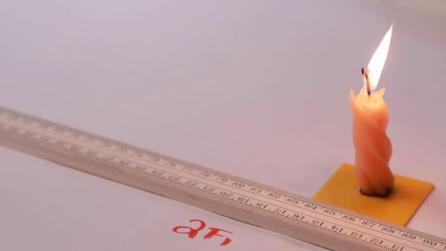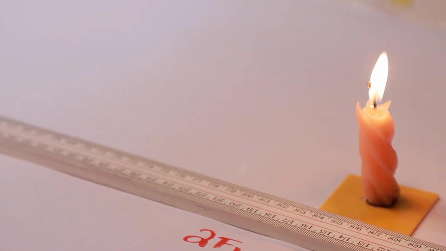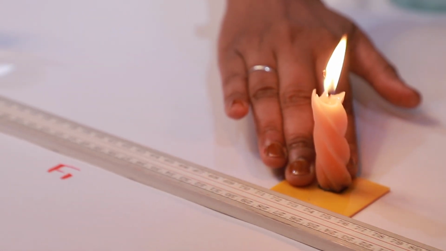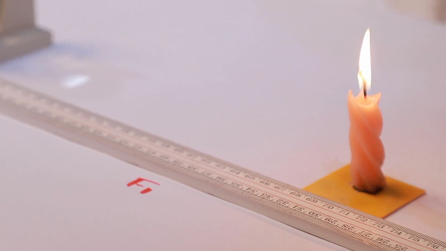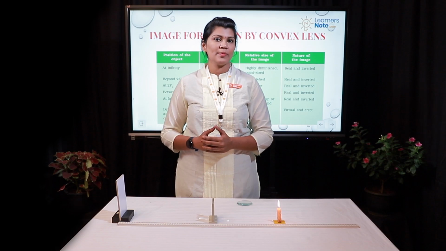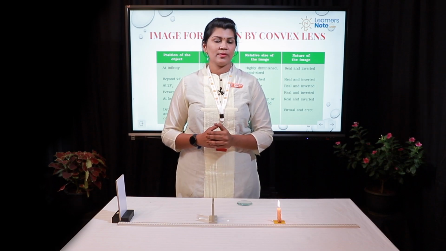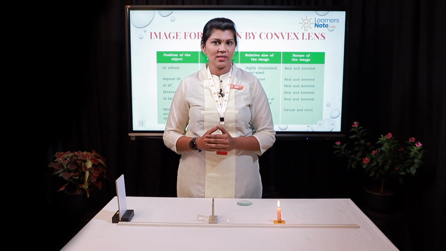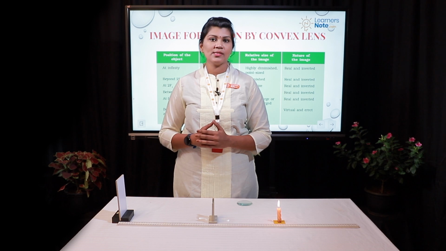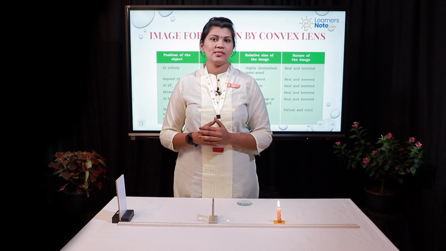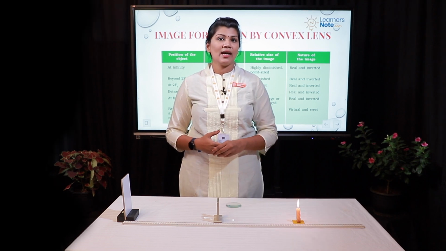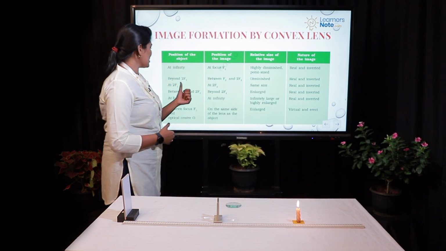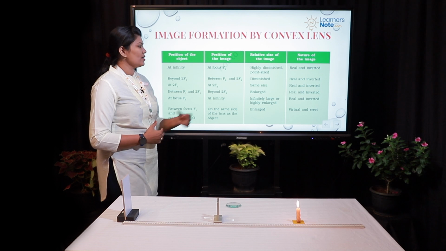Again, if we change the position of the object to between 2f1 and f, the same change can be seen on the screen, that is the nature and the size of the image also change. So we can see that depending upon the position of the object, the nature and the size of the image change.